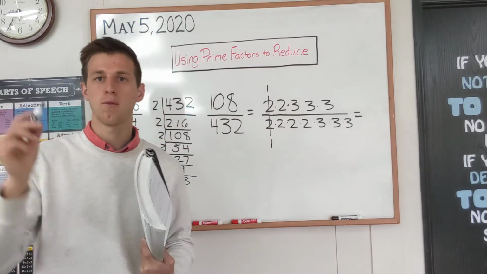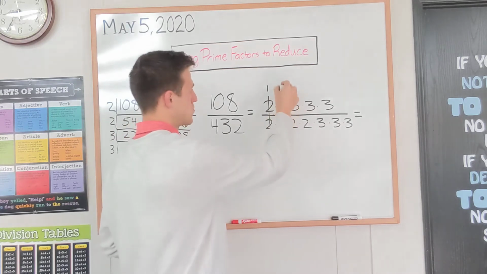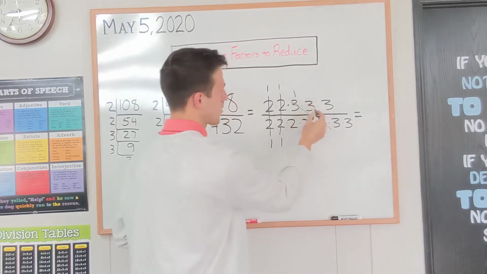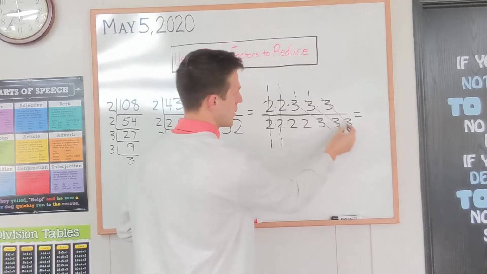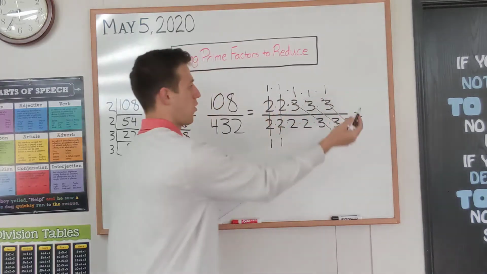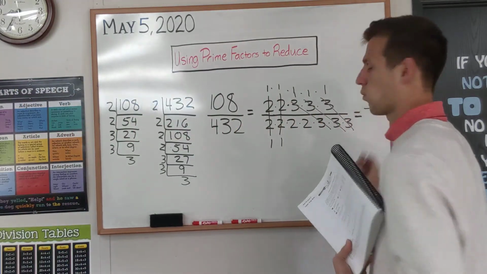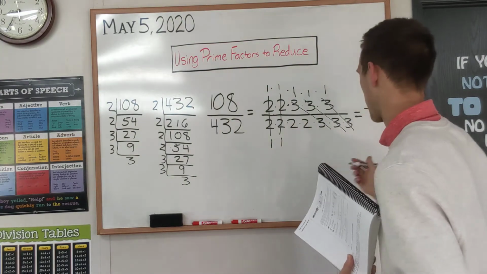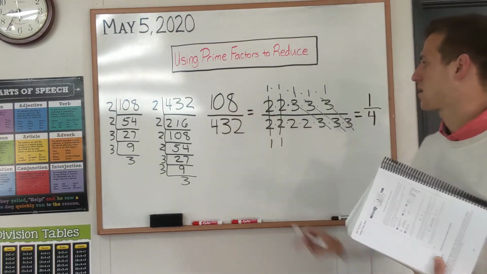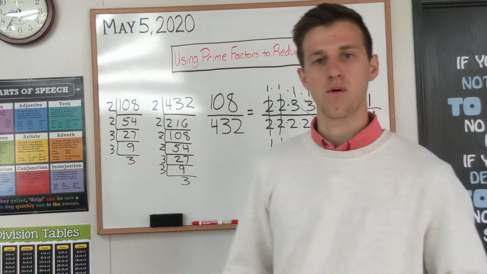We put a 1 if we were multiplying fractions and we were canceling them out, we put a 1 there. Same thing here, we put a 1 here, and we put a 1 here, a 1 here, and a 1 here, right? So then we would just be multiplying all those 1s on the top together, which is going to equal 1, right? And then on the bottom, we're going to just have 2 times 2, which we have just reduced then 108 over 432 to 1/4, all right?